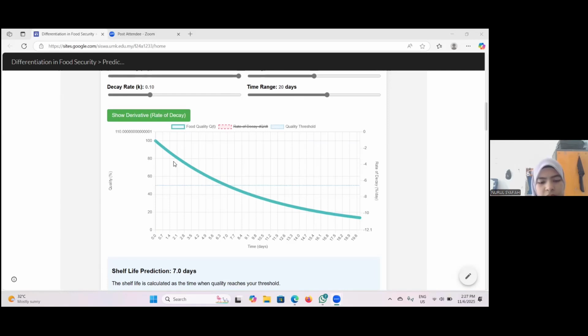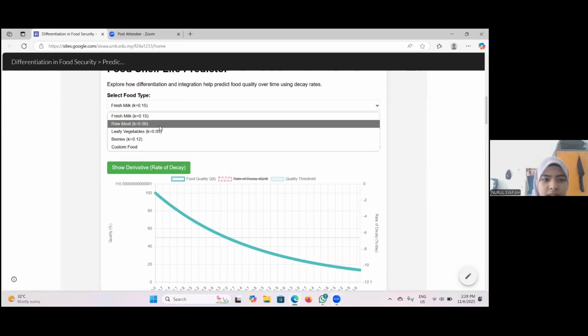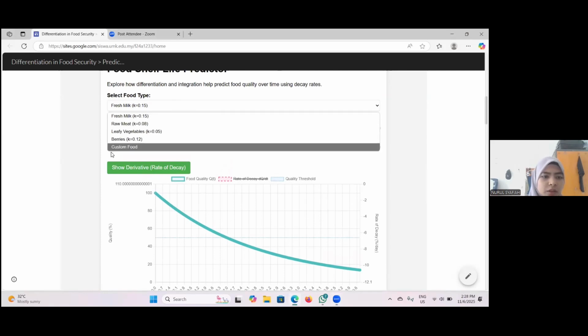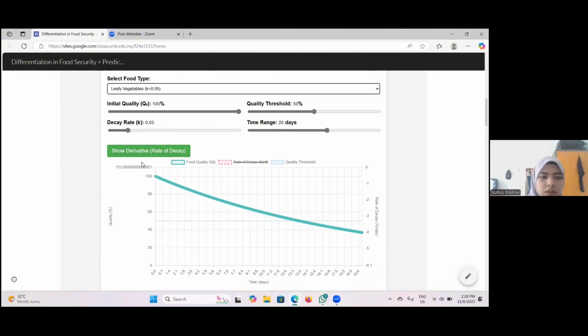Sometimes we find it hard to understand the question, but when we see it in motion, it becomes more interesting and easier to follow. You can also select the type of food in here.